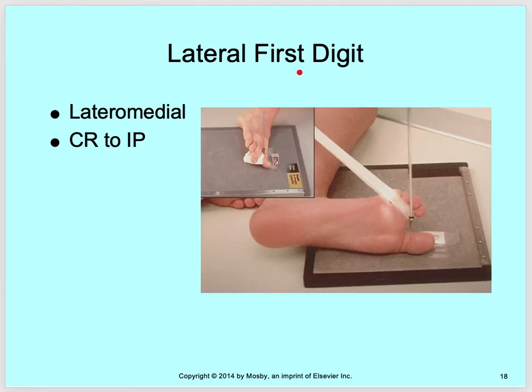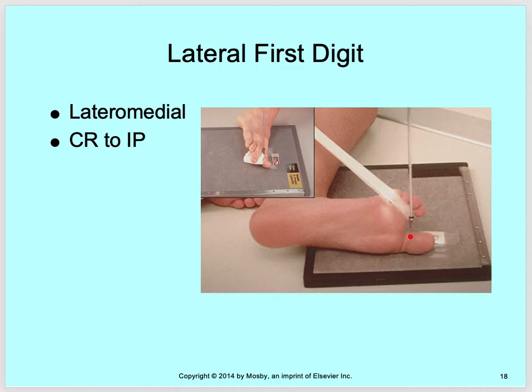So your lateral first digit, lateral to medial, so lateral side to medial side, gets it closest to that image receptor. Central ray to the interphalangeal joint. So we know that on the big toe we only have the interphalangeal joint. The other toes we have the distal interphalangeal and the proximal interphalangeal.